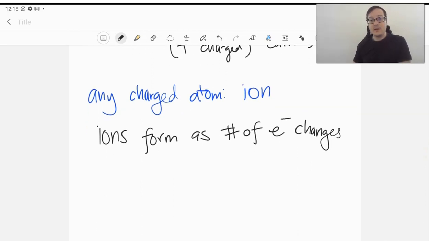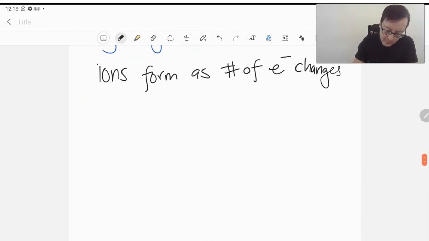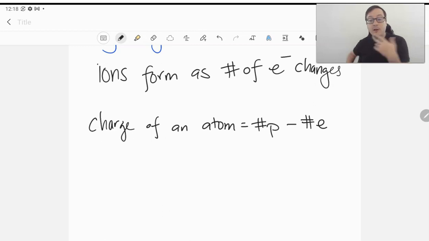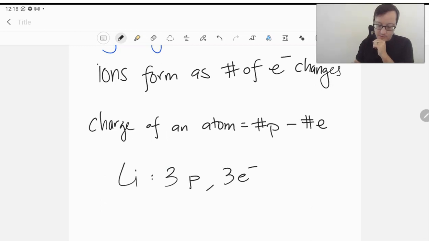And we can also calculate the charge of an atom. The charge of an atom is simply the number of protons minus the number of electrons. Normally in a neutral atom, the number of protons and electrons is the same. For example, lithium has 3 protons, 3 electrons.